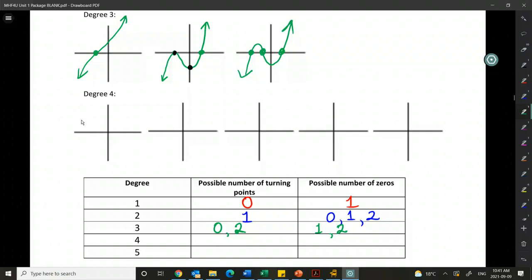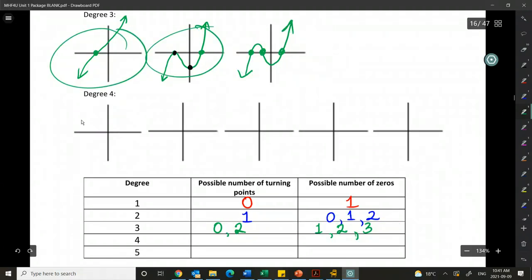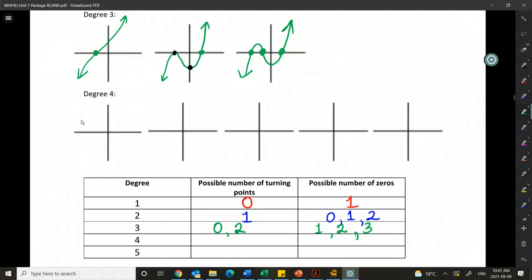We just have 2. So we'll add possible number of zeros here. Could be 1, 2, or 3. Possible number of turning points here, depending on how pronounced that S is, it could be 0 or it could be 2. Okay, once we do degree 4, you will start to see the patterns.